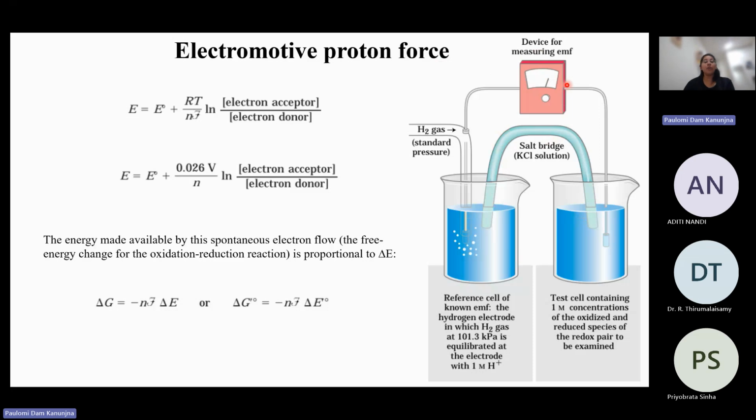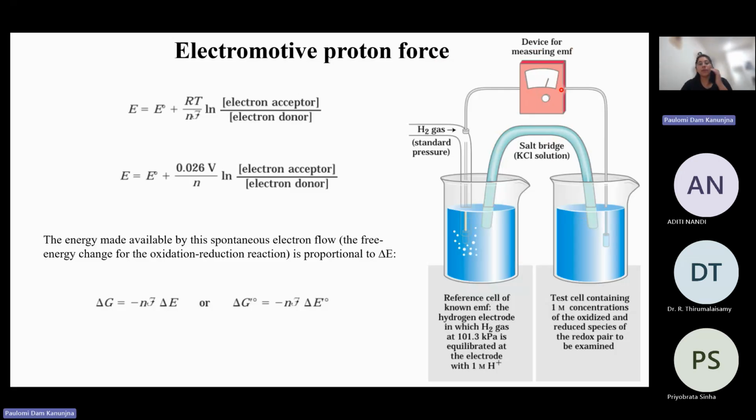If there is any voltage fluctuation, it's because of the movement of electrons. One side already has 0 voltage, so whatever voltage we see is because of the movement of electrons, and we know that movement is from the test cell. Against the standard hydrogen electrode, which is at 0, whatever fluctuation we see is because of the test cell. We are calculating the electromotive force, how much electron is moving and to what extent.